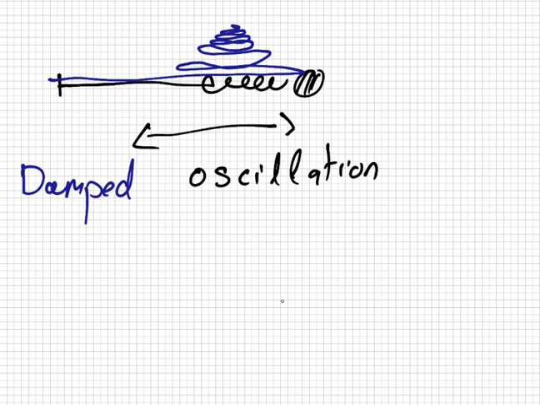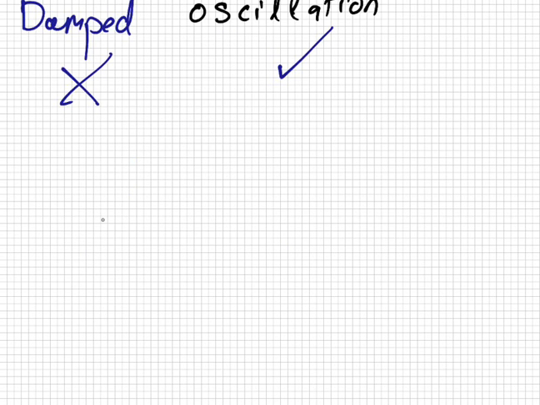So it's important that you know that the formulas I did with you only work for normal oscillations. They do not work if it is damped. We're not going to do formulas for damped, but it's good to have this vocabulary because in the exam it might say it is not damped or it is undamped.